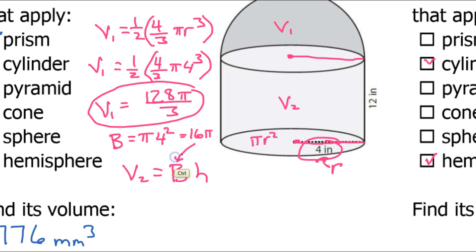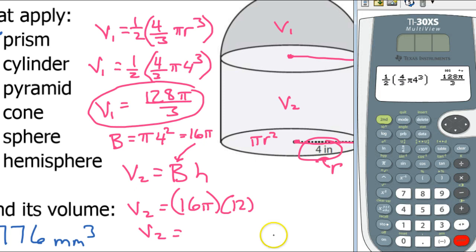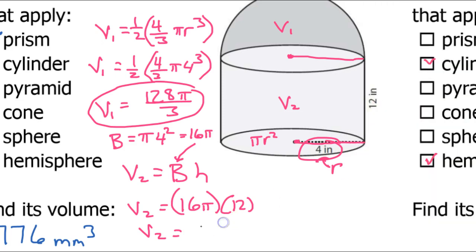So volume 2 is 16 pi times the height of the cylinder. The height of the cylinder is 12, the distance between the bases. So that's 192 pi.